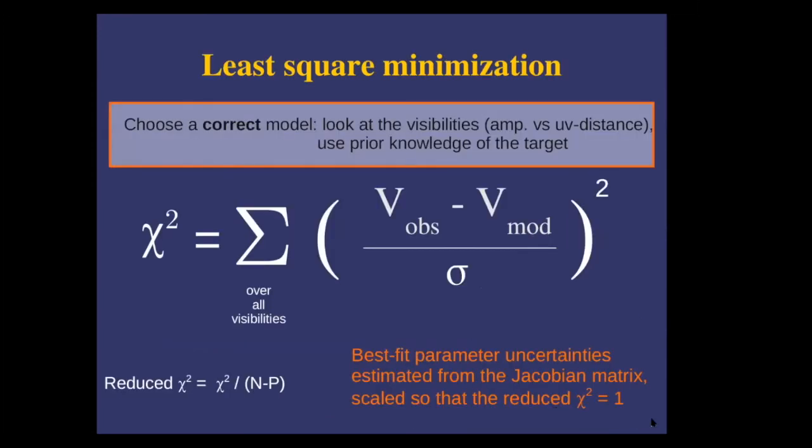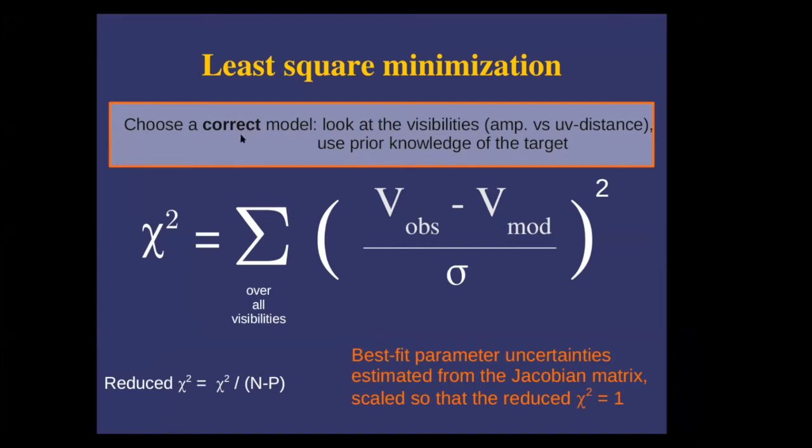I would like now to give you one warning about least square minimization. The standard warning is that you have to choose, of course, a correct model. If you don't do this, you will always be able to make a fit, but all the fit parameters will be completely crazy.